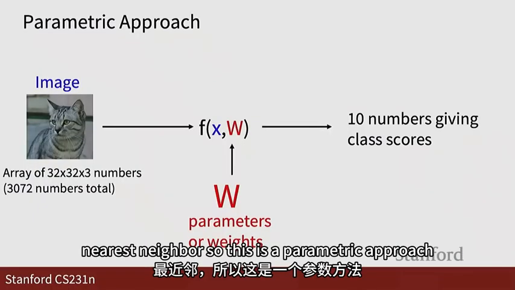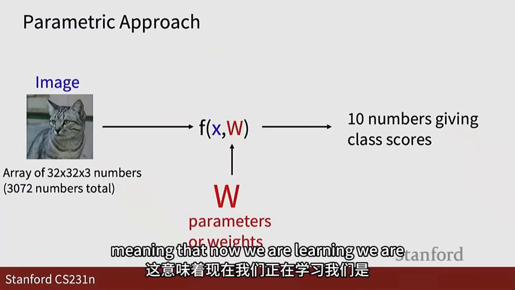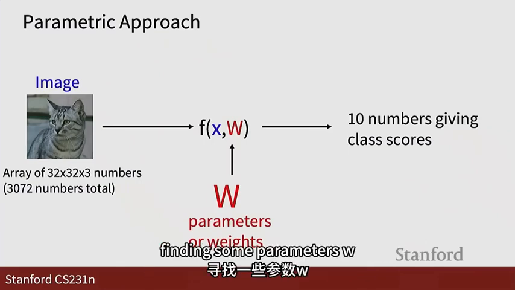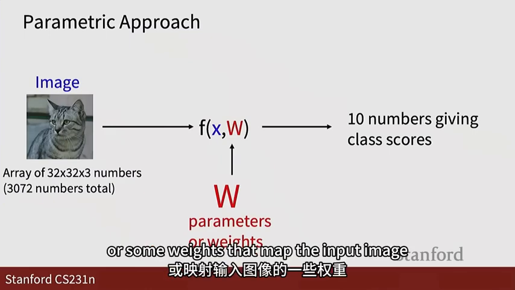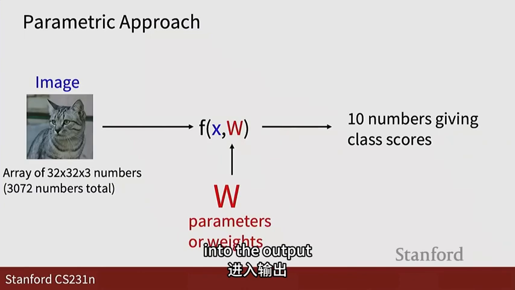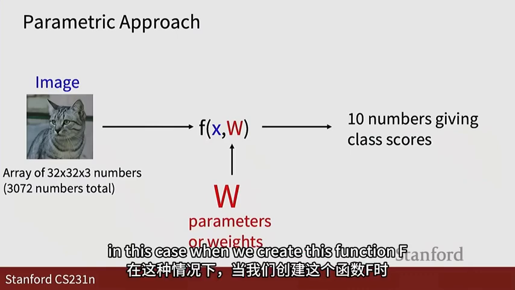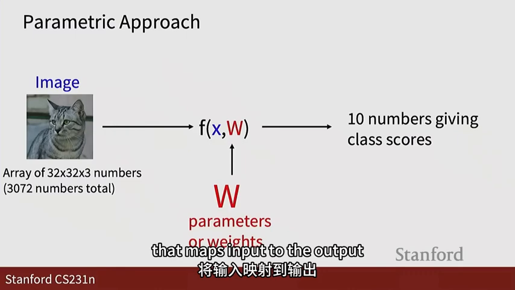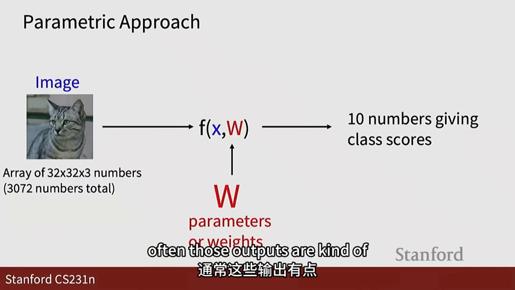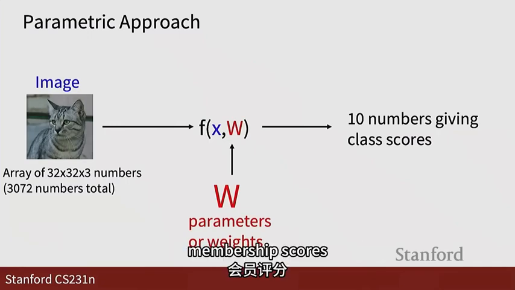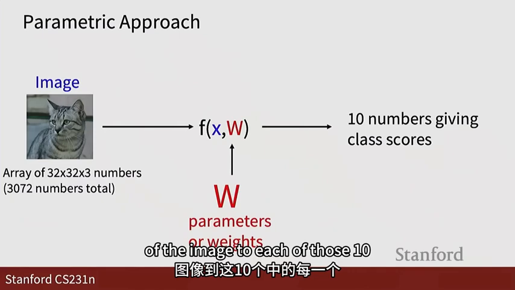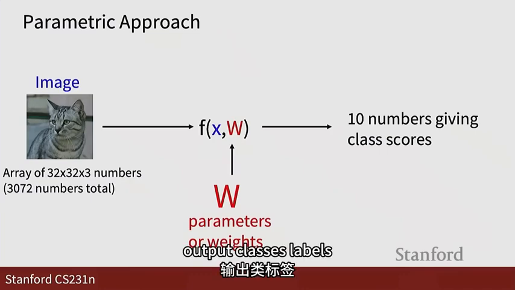This is a parametric approach, meaning that now we are learning, we are finding some parameters, W, or some weights that map the input image into the output classes, the output numbers. When we create this function f that maps input to the output, often those outputs are kind of membership scores of the image to each of those 10 output class labels.